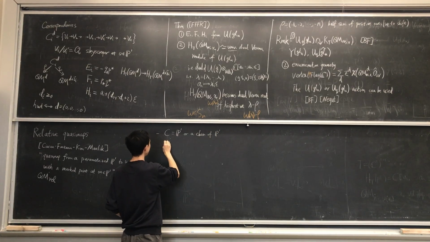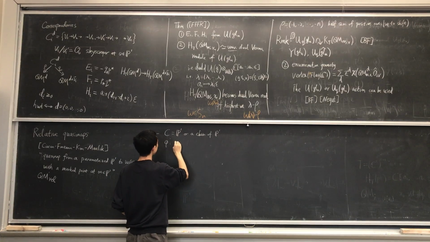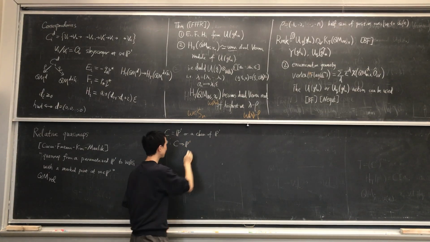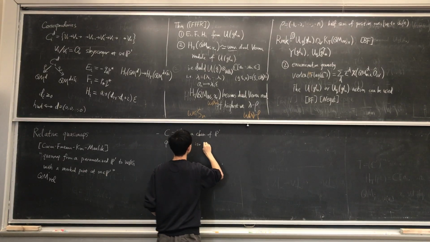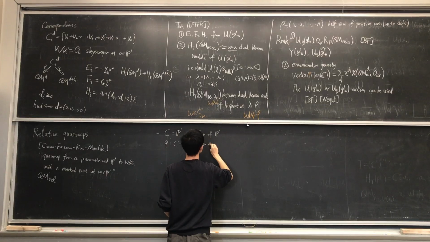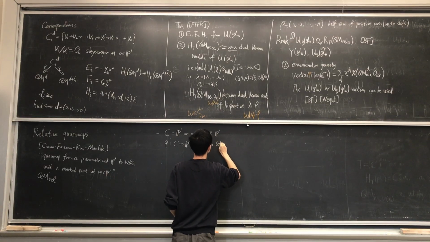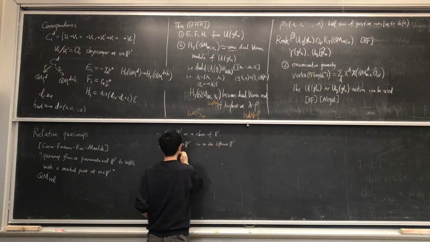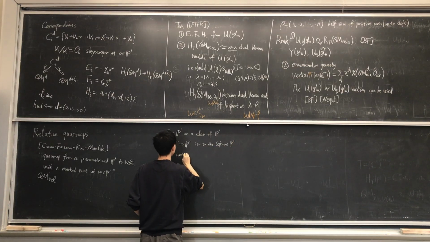And this comes together with a map phi from C to P1, which is an isomorphism on the leftmost P1 and contracts all others.